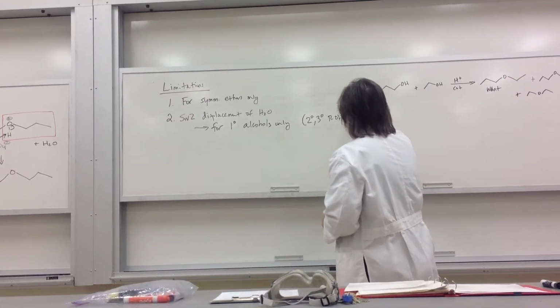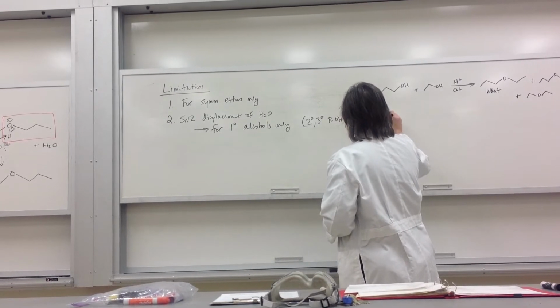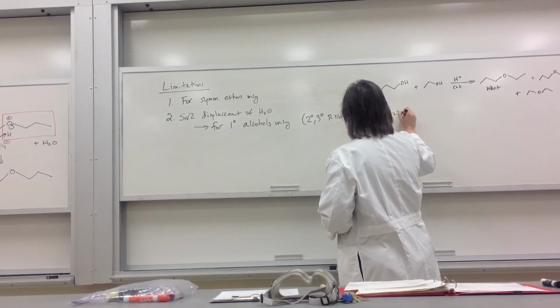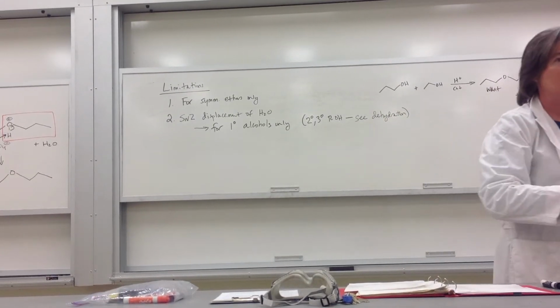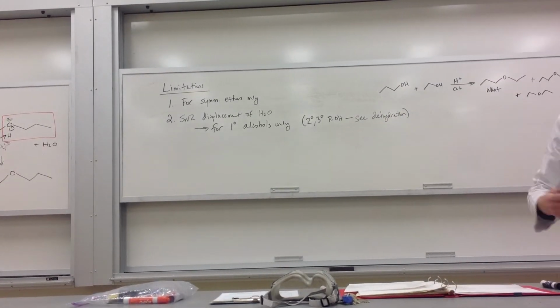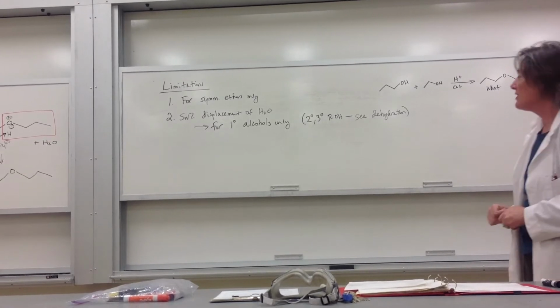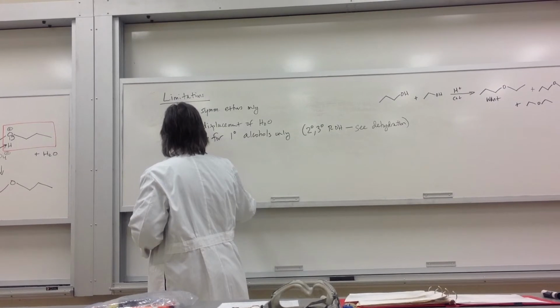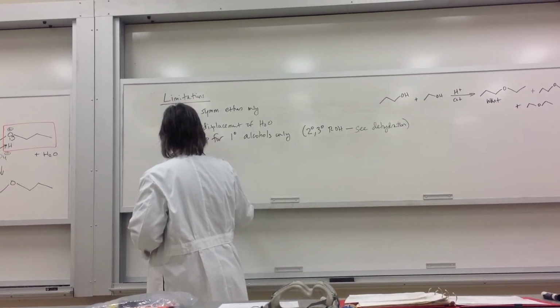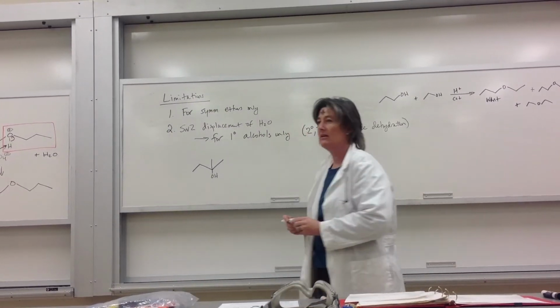So what you'll see is dehydration. Oftentimes this reaction is done under heat, which helps to make that your major product, which is not what you want. And so what can happen if you tried it with this guy? Let's really try it with that guy right there.